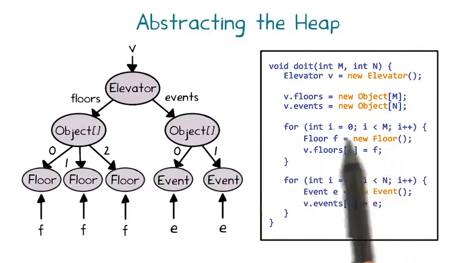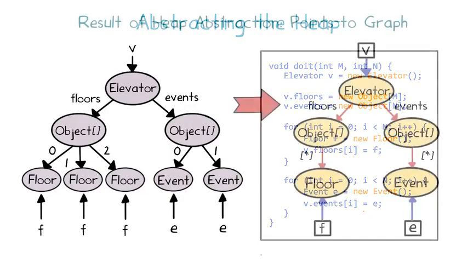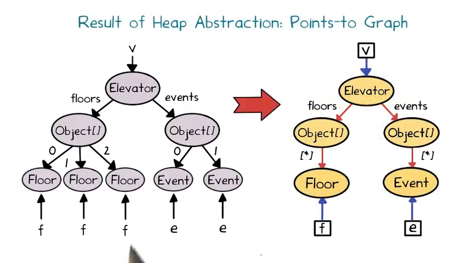The elevator program has 5 allocation sites, highlighted here. Therefore, pointer analysis operates on the following graph, which conflates all objects allocated at the same site into a single node of the graph. In particular, it collapses all the floor nodes into a single floor node and all the event nodes into a single event node.